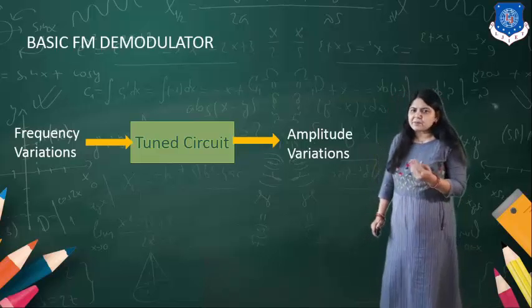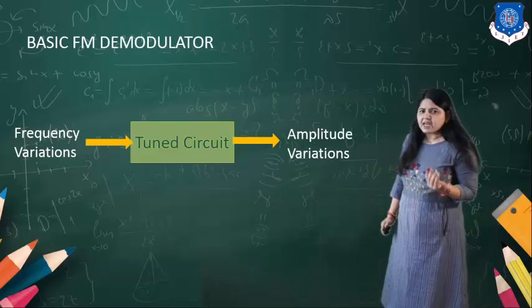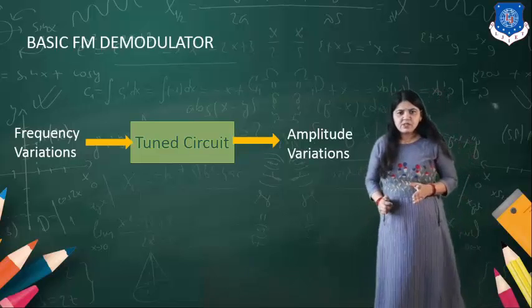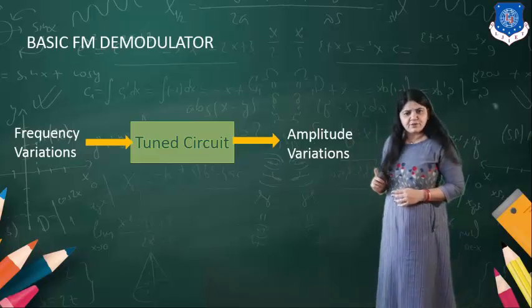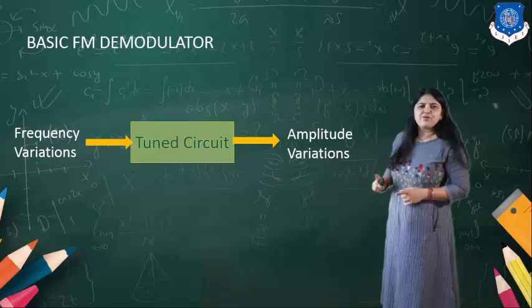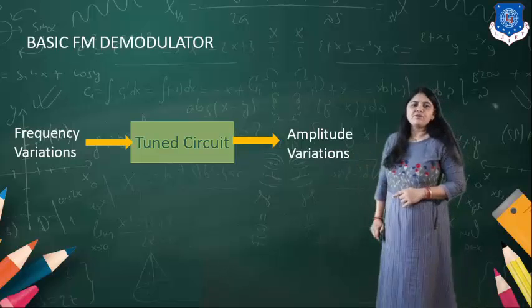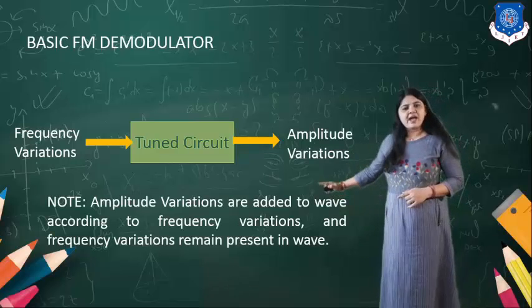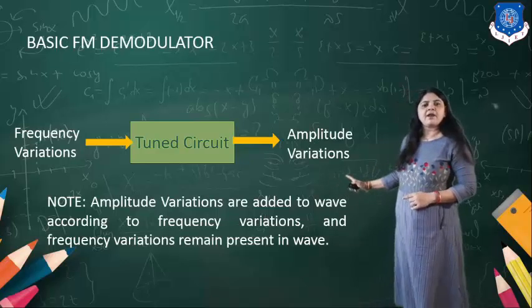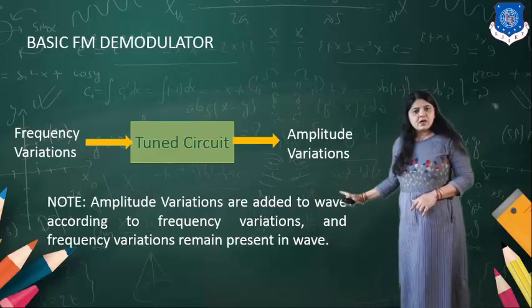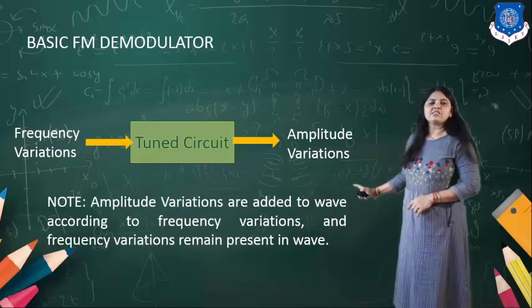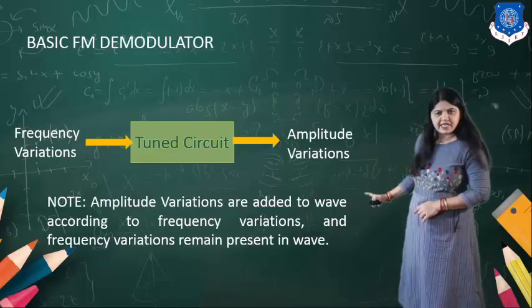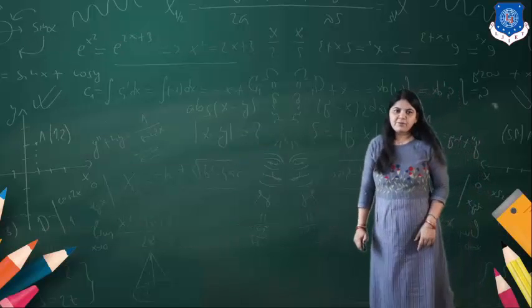By varying the capacitance value, there is a change in the frequency, and from that change in the frequency, we find the amplitude variations also. So amplitude variations are added to the wave according to the frequency variations, and the frequency variations remain present in the wave.